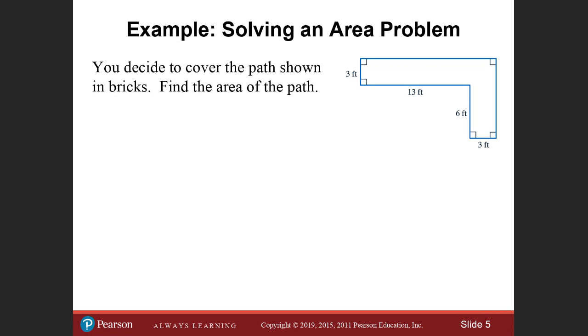You're given this example and you're asked to find the area of the path. You can divide the path into two different rectangles. You can have it like this, and that's one rectangle here.